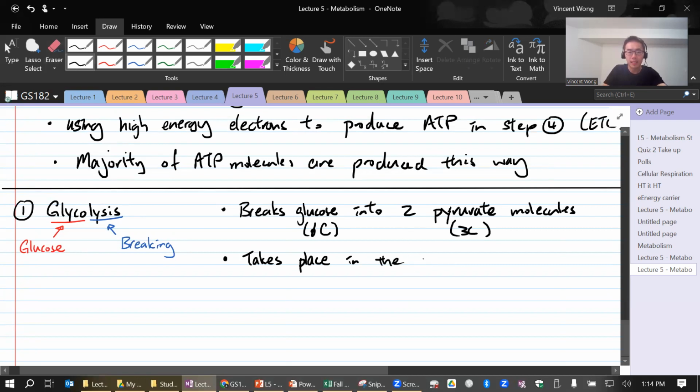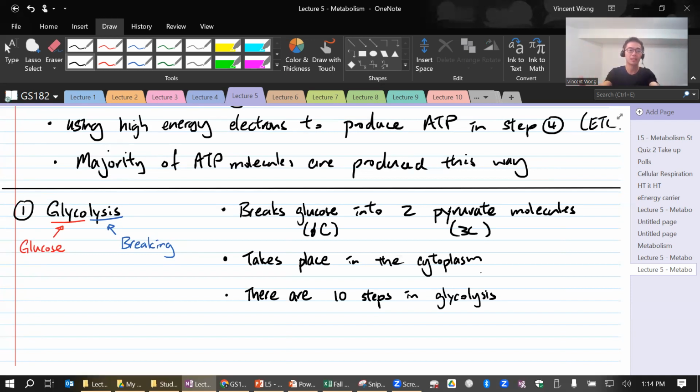It takes place in the cytoplasm. There are 10 steps in glycolysis. Before you throw your calculator at the screen and say 10 steps, that's too many, we don't have to memorize 10 steps. I just want to tell you that there are 10 steps.